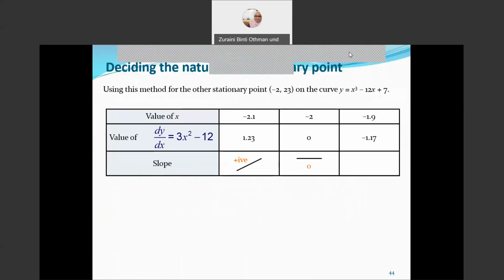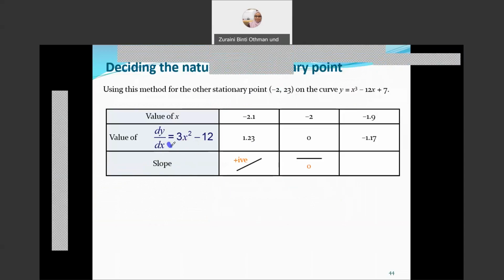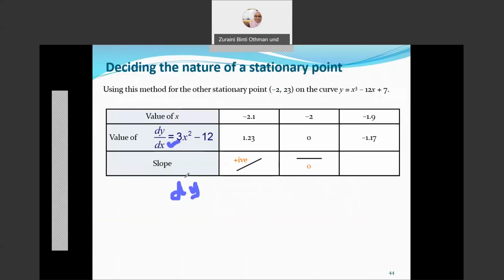Okay, yang ni ialah dy over dx. So kita cari d kuasa 2y per dx kuasa 2 dia sama juga dengan 6x.